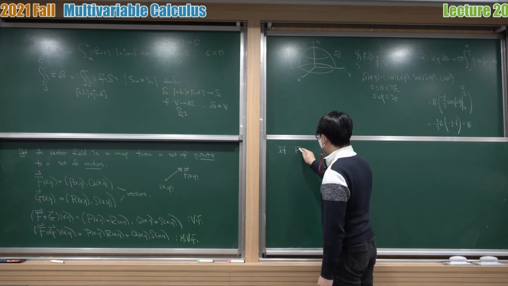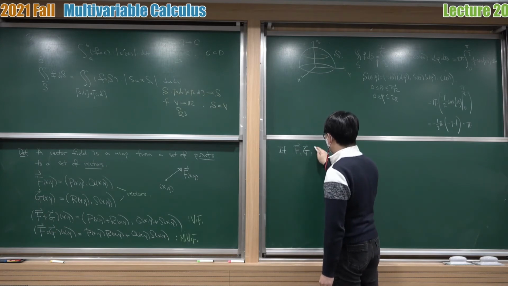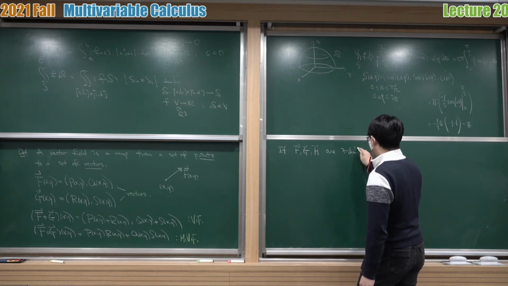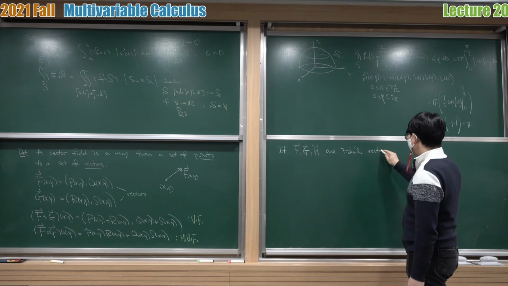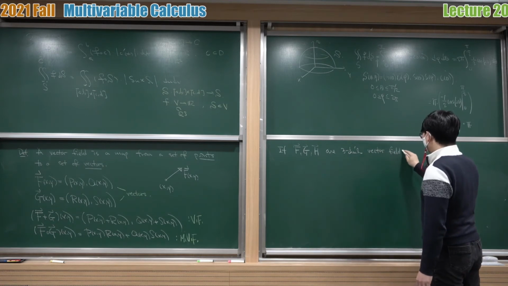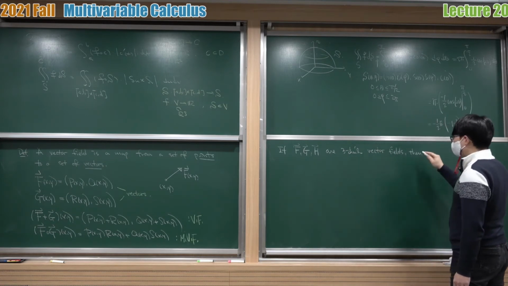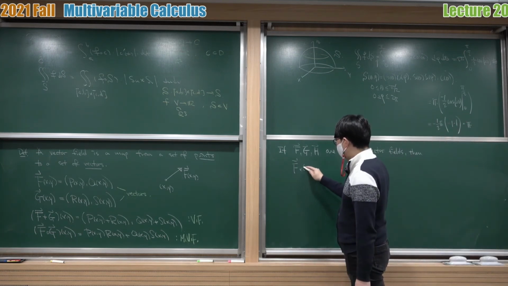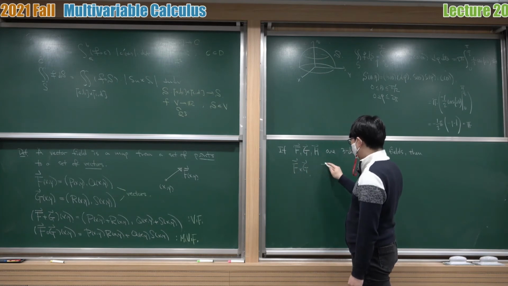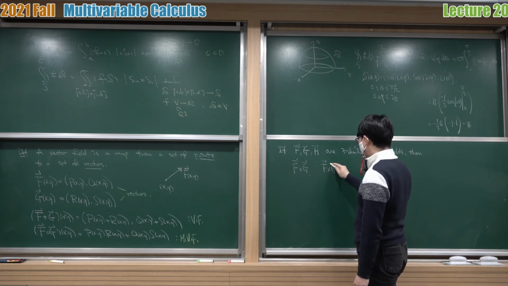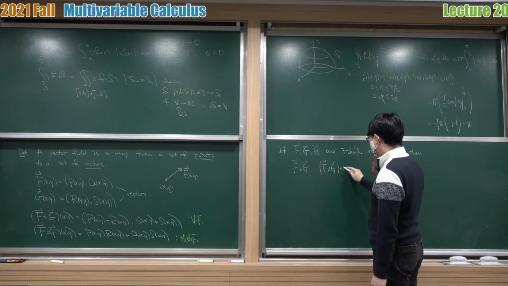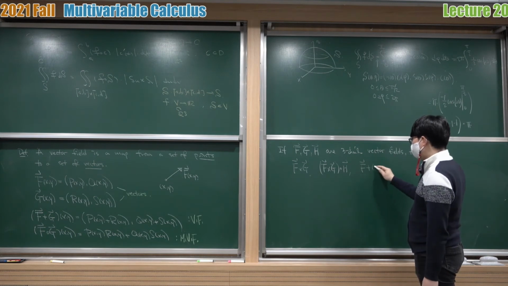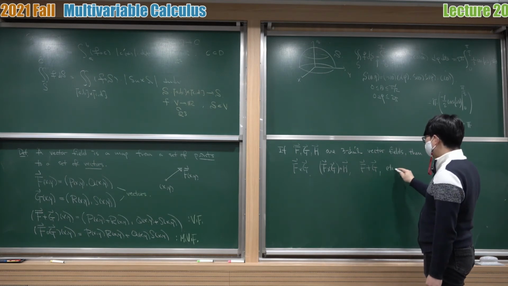If F, G, H are three-dimensional vector fields, then we can find F cross G, or F cross G inner product H, or so on, or basically F plus G, and you can do anything here.